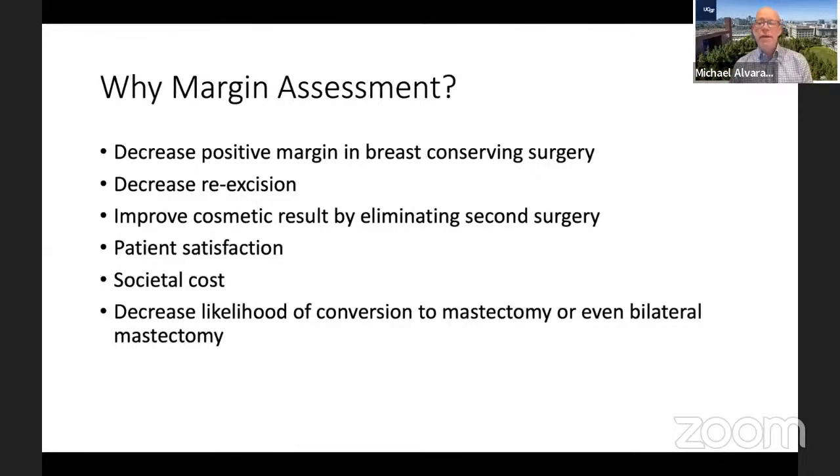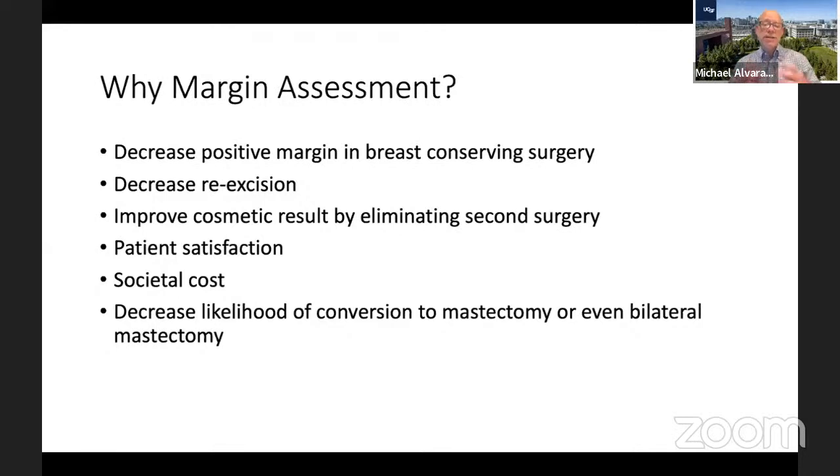Having the patient go back for a second surgery is always the thing that we really want to avoid. But we also want to be concerned with the cosmetic result. So there's a balance between taking out enough, not having to go back for a second surgery, and having it look nice. Patient satisfaction.